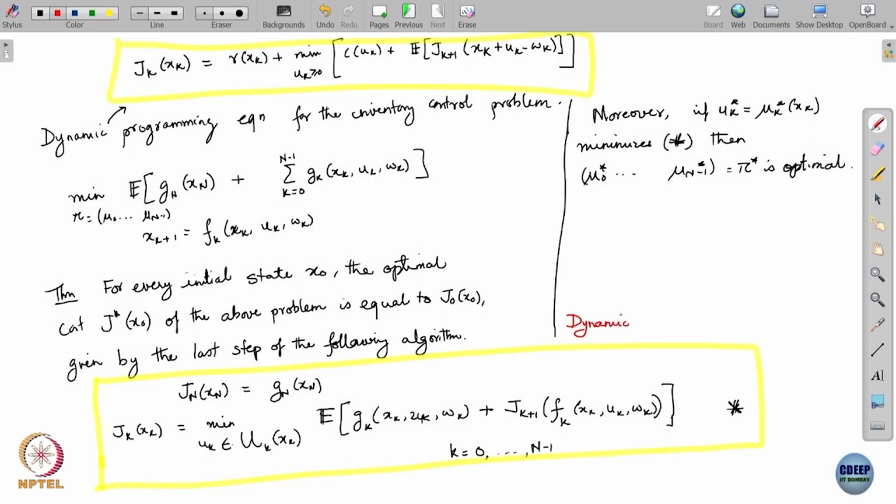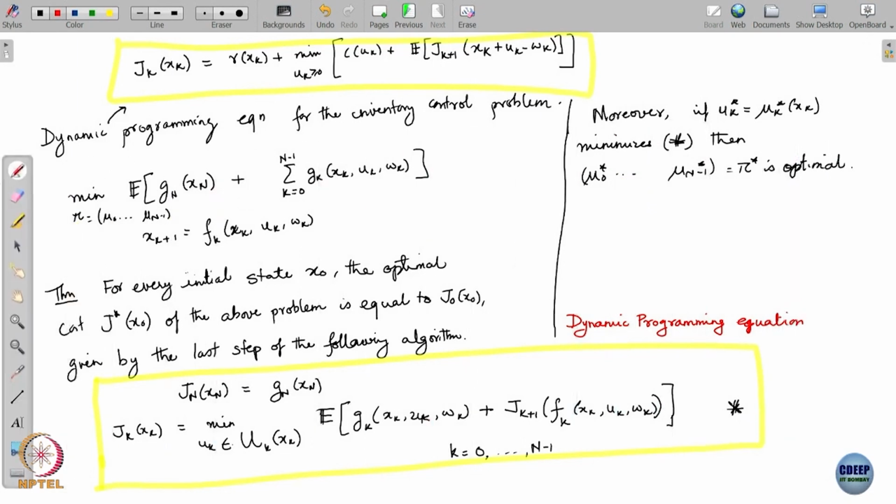It was discovered by a scientist called Bellman. So, it is often also called the Bellman equation or the Bellman optimality equation.